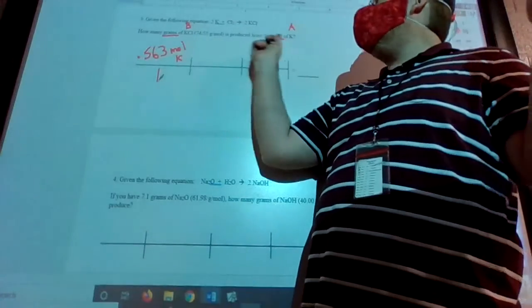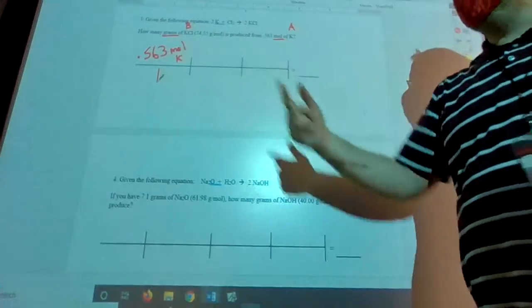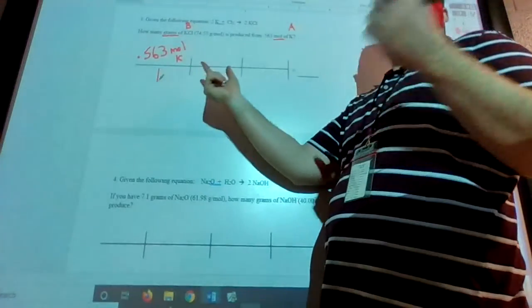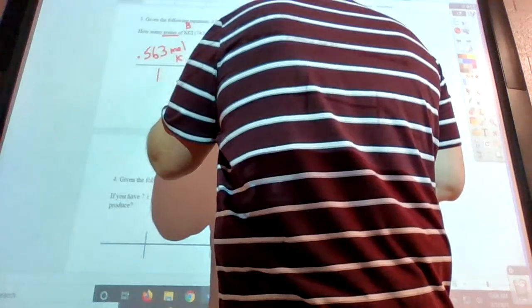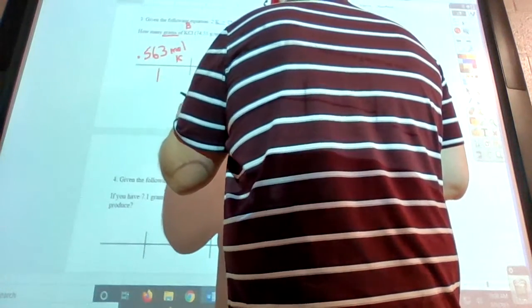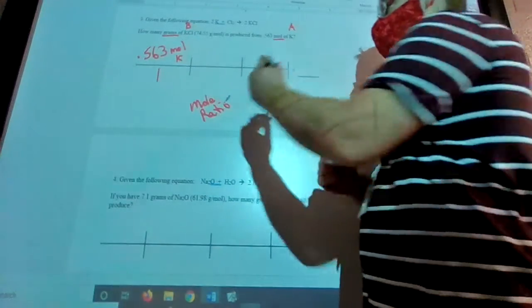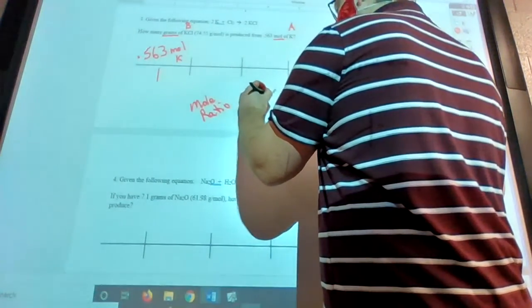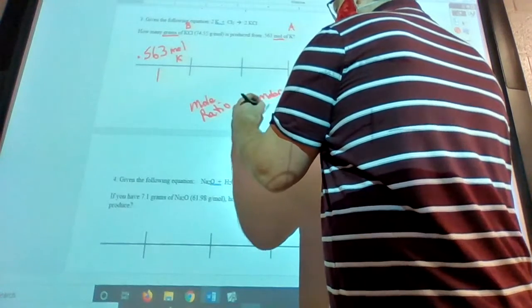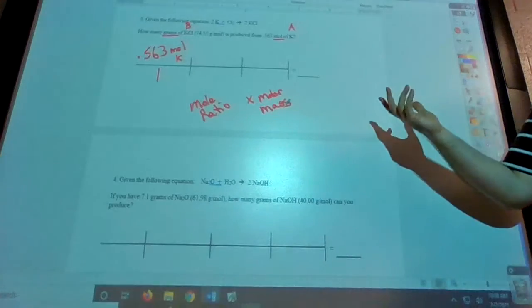So if I'm leaving moles and going to grams, what's the first thing I do right here? Mole ratio. Because I'm starting at moles, I'm going to do the mole ratio first. And then what's the second thing I do here? Molar mass, right? Yes, and I multiply by the molar mass.